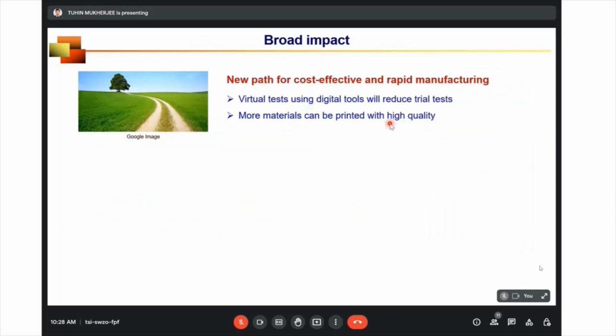So what is the broad impact of all of these? Mostly, it will give us a new path for cost-effective and rapid manufacturing. Today we are doing additive manufacturing, but down the lane, after 20 or 30 years, the use of digital tools can help us with rapid development of new manufacturing processes.